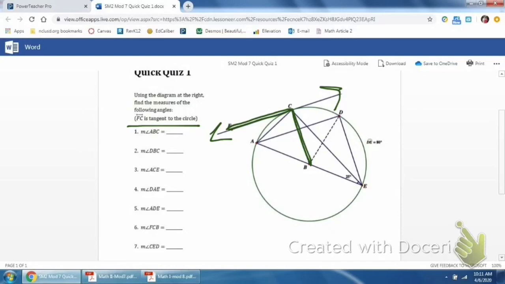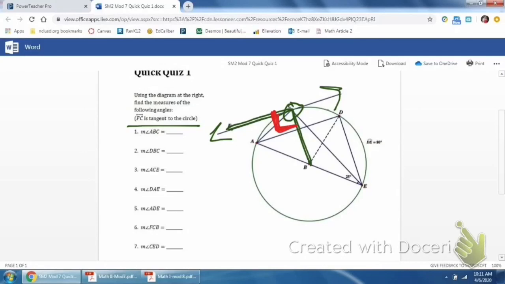Like the one we were just talking about, where the intercepted arc is half of the central angle, there's another theorem. If there's a line that's tangent to a circle, like FC, and there's a radius connected at the point of tangency, the one point where it crosses the circle, then the angle it makes has to be 90 degrees.